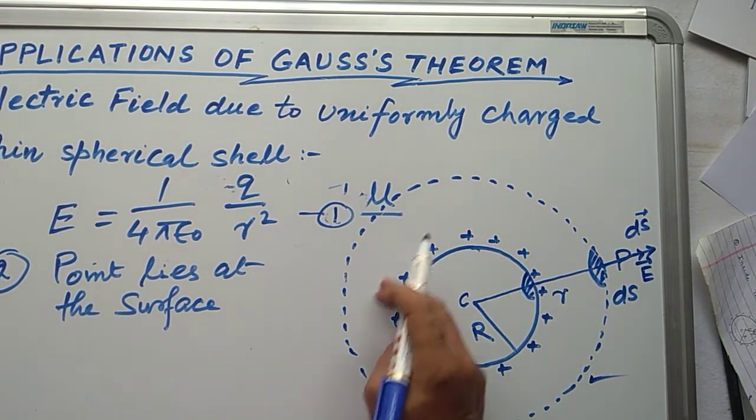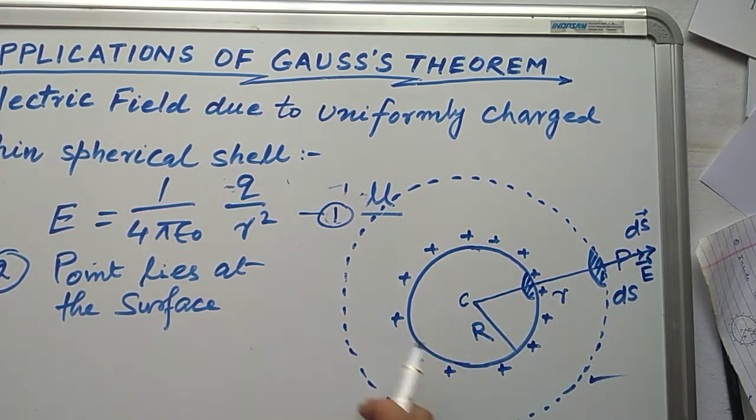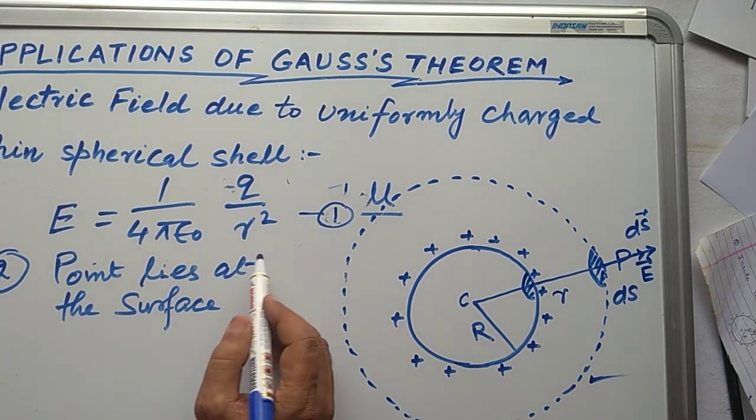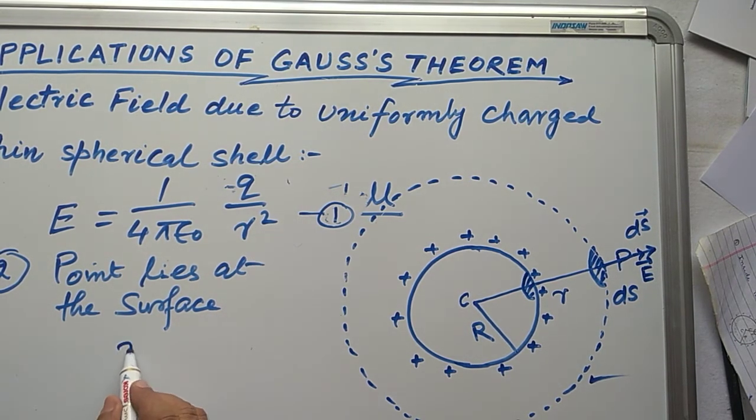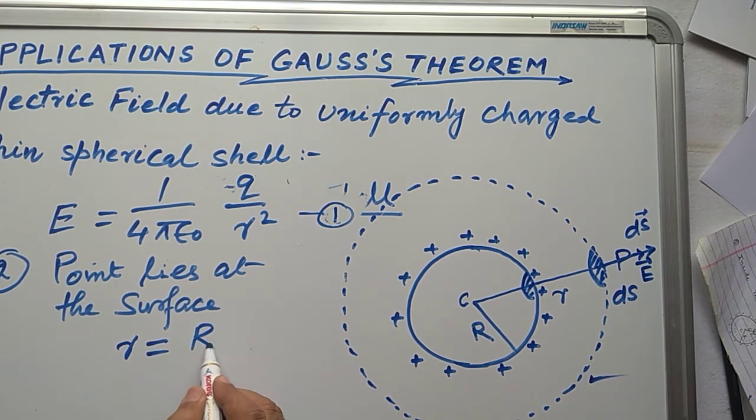We can obtain this formula only by substituting r from r, and then we can calculate the electric field due to a thin spherical shell at a point on its surface.